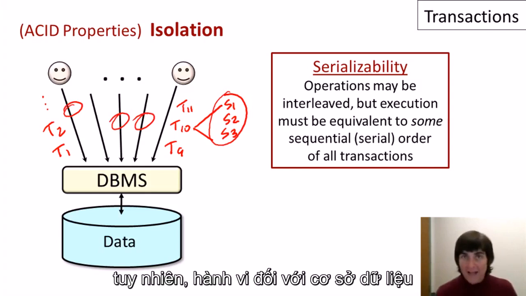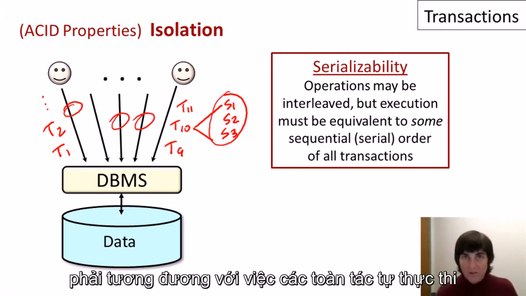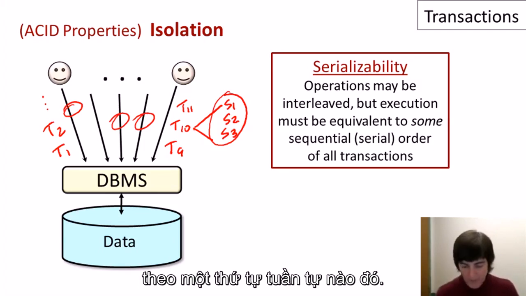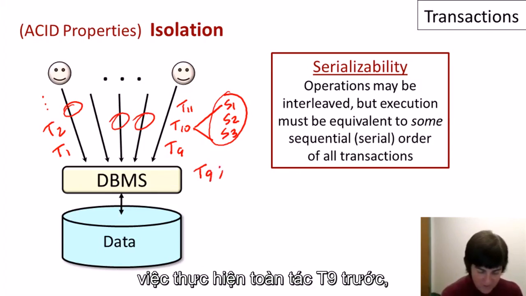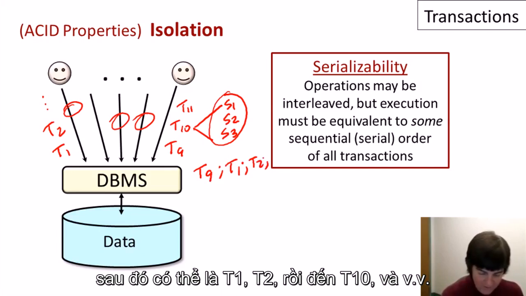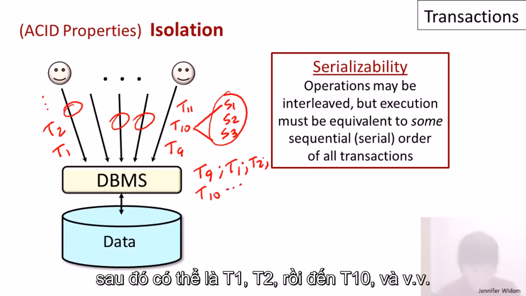However, the behavior against the database must be equivalent to the transactions themselves executing in some serial order. For example, in this case, the system may enforce behavior that's equivalent to, say, doing transaction T9 first, then maybe T1, T2, and then T10, and so on.